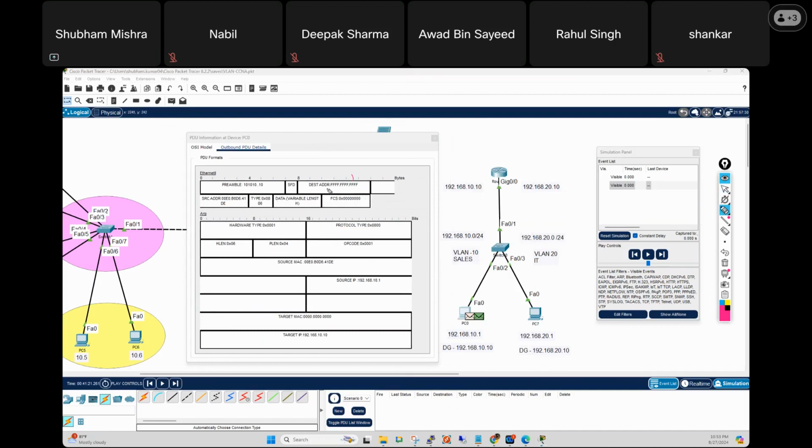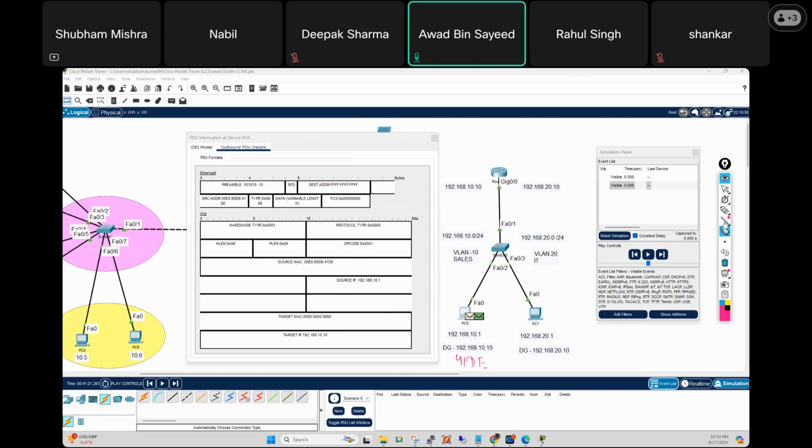The destination is FFFF, which means this is a broadcast. The source MAC is this one, the MAC address of PC 0, 41DE. The target MAC is unknown, because this PC doesn't know the MAC address of the other one.